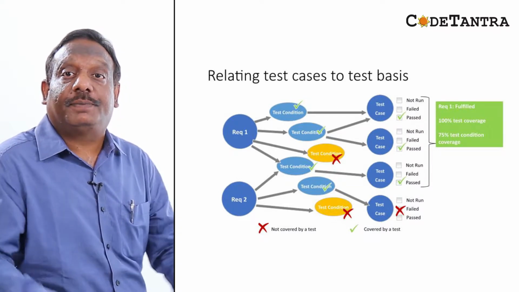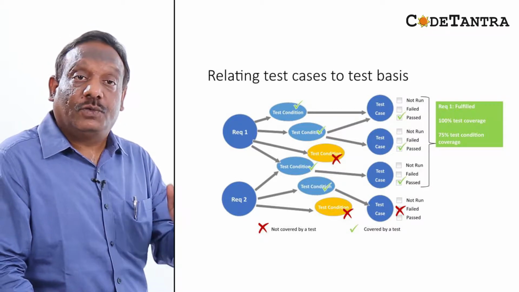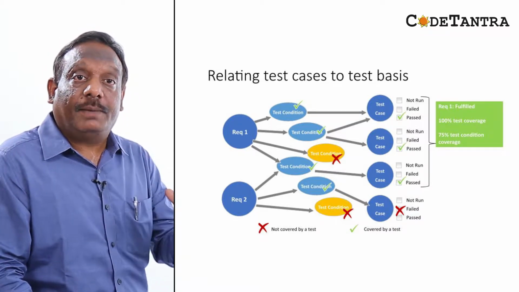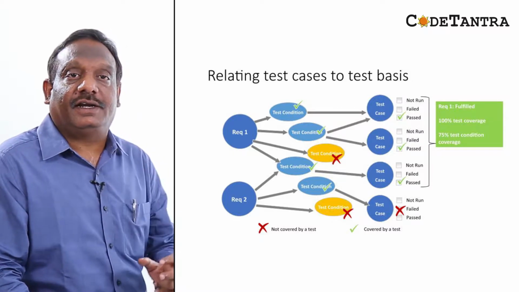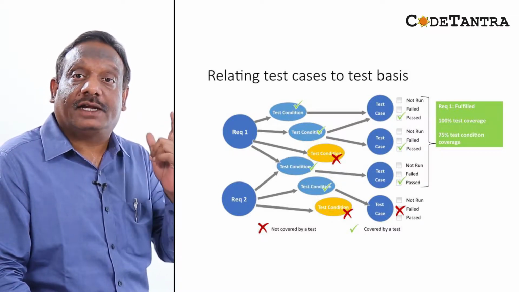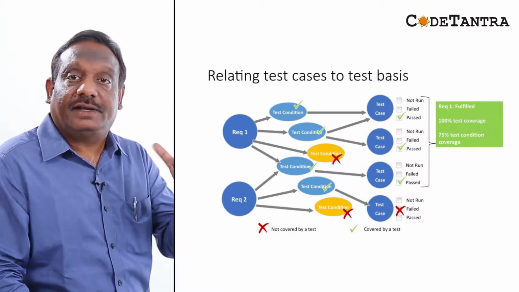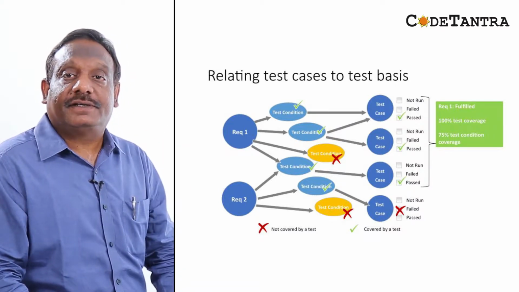So you have 100% test coverage. But if you compute your test condition coverage for this requirement, you have identified 4 test conditions, but you have only covered 3 test conditions. So 3 out of 4, that is 75% test condition coverage.